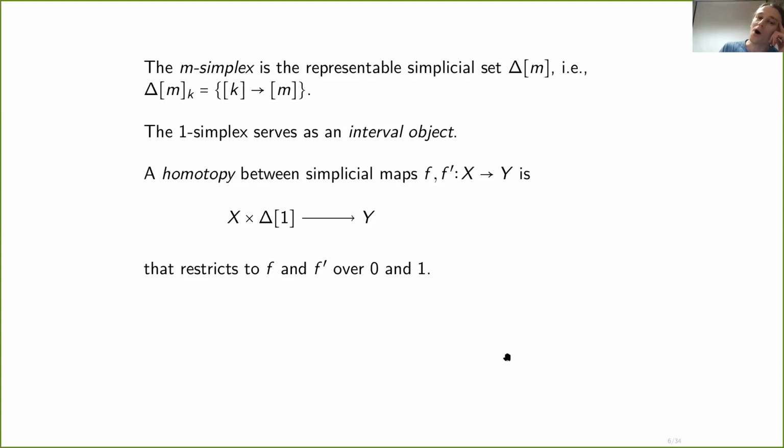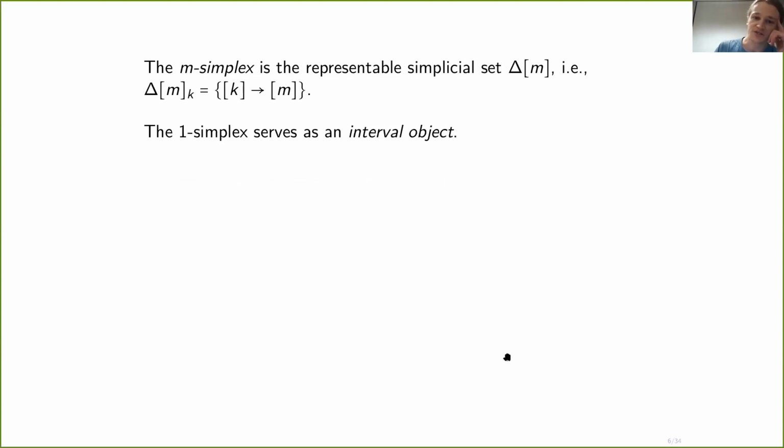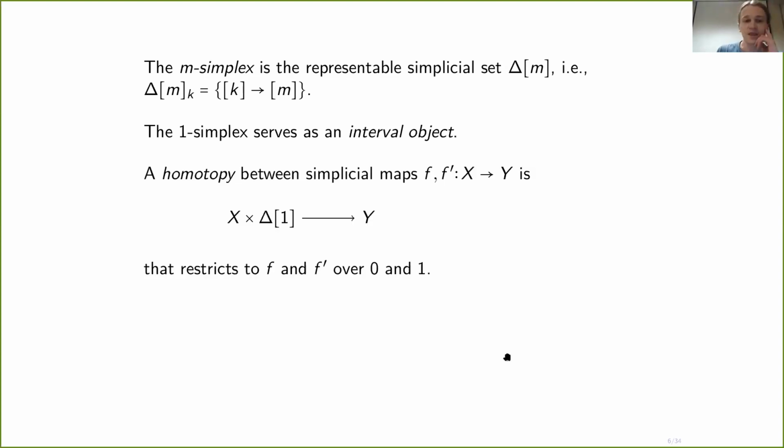In particular, the one simplex serves as an interval object, and this allows us to define a notion of homotopy between simplicial maps. So if I have two maps like this, f and f prime going from x to y, then a homotopy is going to be a map from x cross delta 1 into y that restricts to f and f prime over 0 and 1 respectively, so over the endpoints of this one simplex.